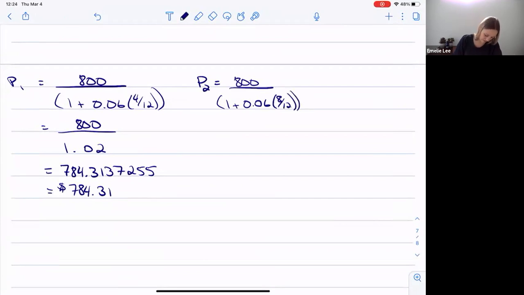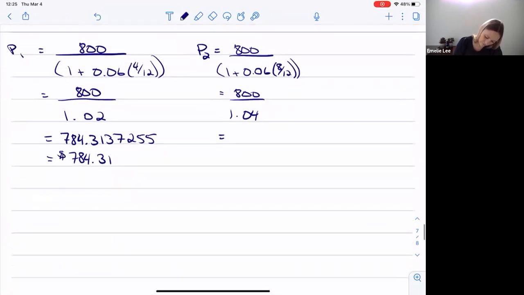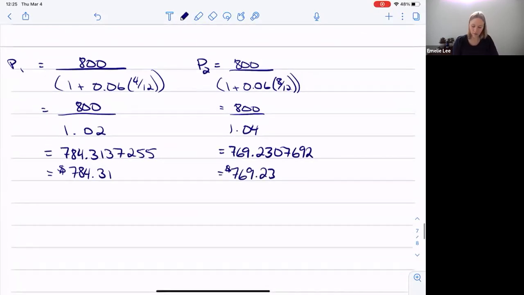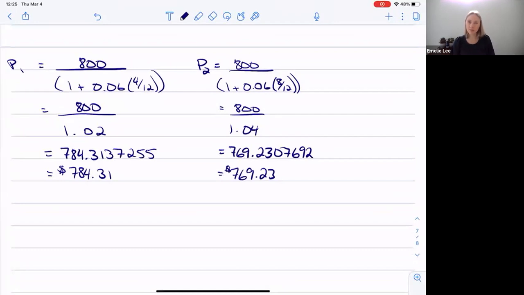And so that becomes 0.06 times 8 divided by 12 is 0.04. So this becomes 800 over 1.04. That's $769.2307692, which in money is $769.23.